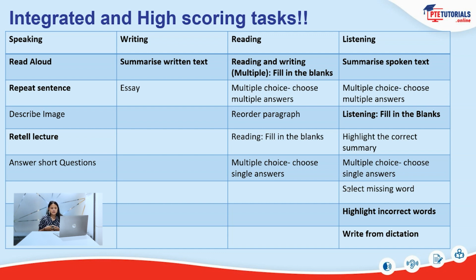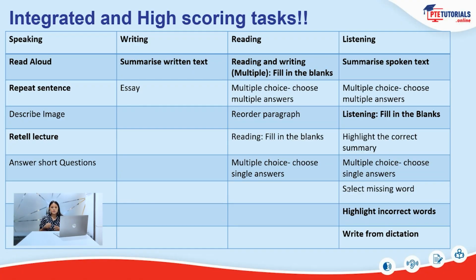Now, if I say a task is high scoring, it means it gives a score of somewhere near 3 marks, 5 marks, 10 marks, even 15 marks from each and every question. For example, in Read Aloud, each question is worth more than 10 marks, somewhere reaching 13 to 15 marks. In Repeat Sentence, each question is 13 marks.